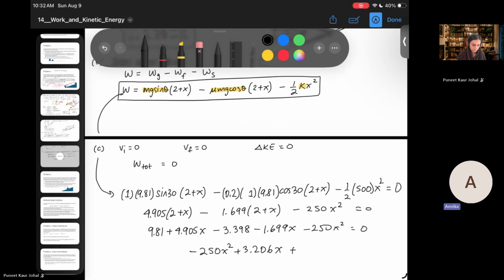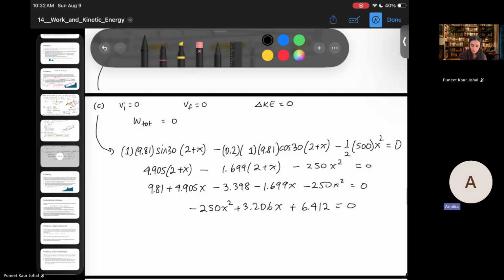Well, you'd have minus 6.412 on the other side, because I did 9.81 minus 3.398, and that's 6.412. Then you move it to the other side, so you get negative 6.412.